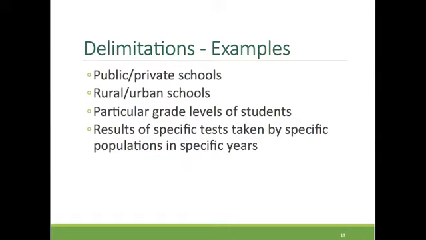It might be too that you're only going to look at certain years or specific tests. So while ACT and EOC exams are taken by all juniors, you've chosen just to use the ACT as a unit of measure, and this is the reason why.